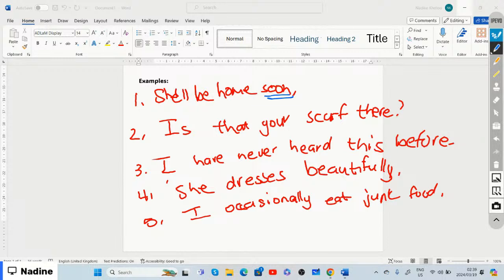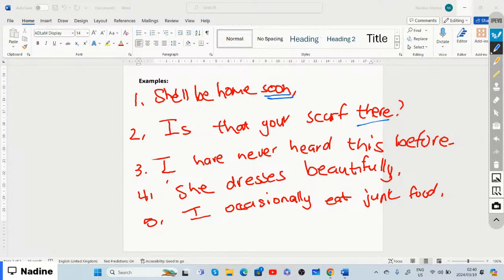All right, and if we say, is that your scarf there? Right, which means that there tells us where, right? So there is an adverb that tells us where.